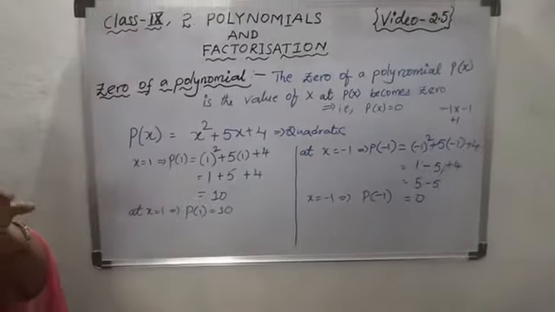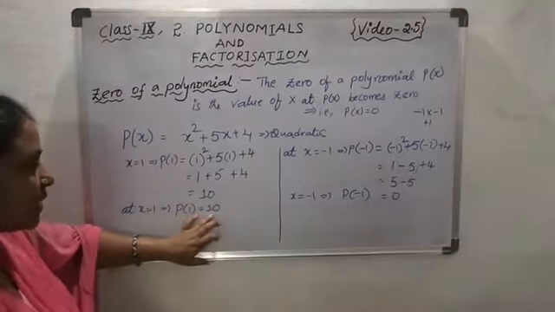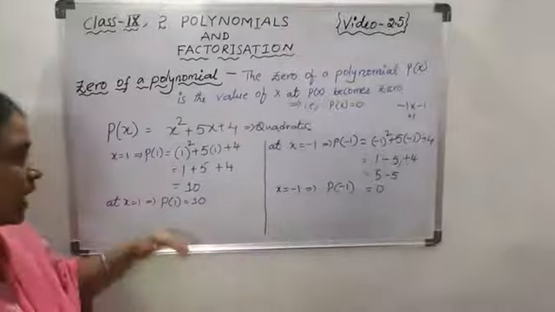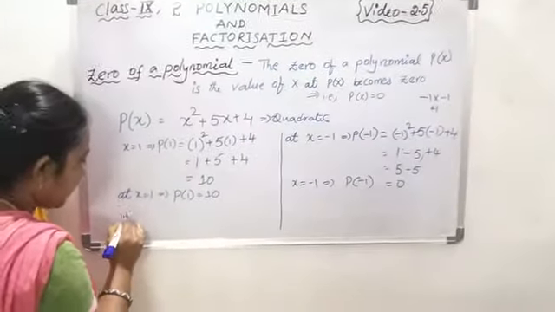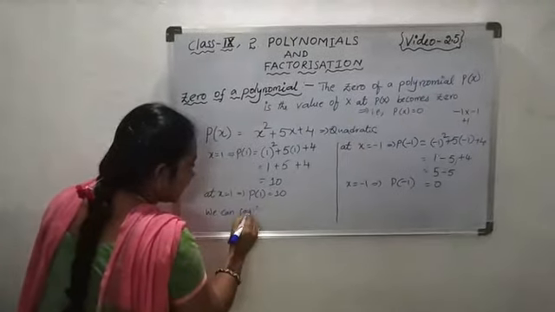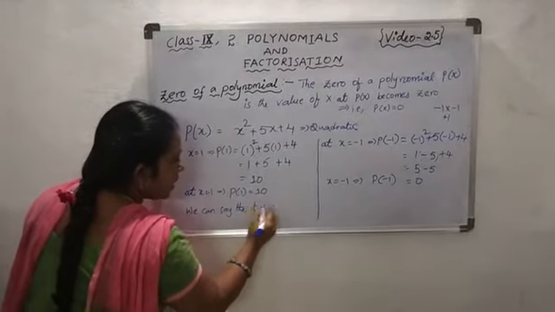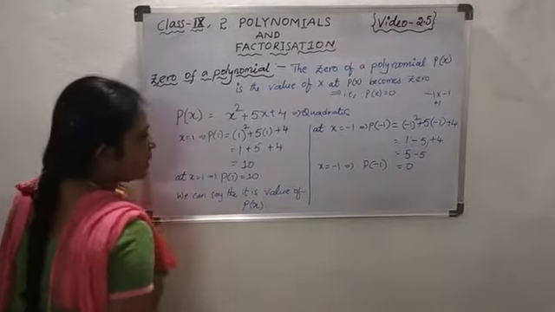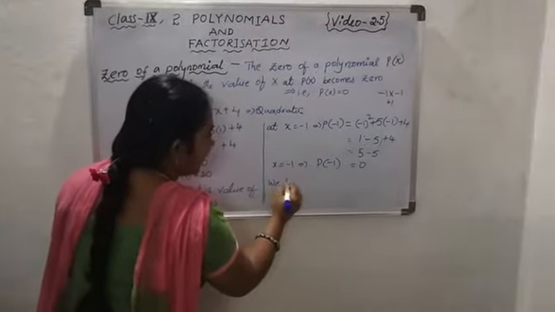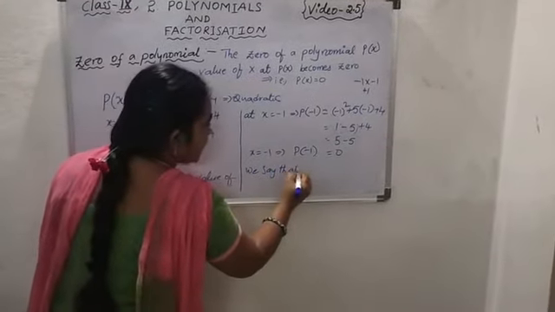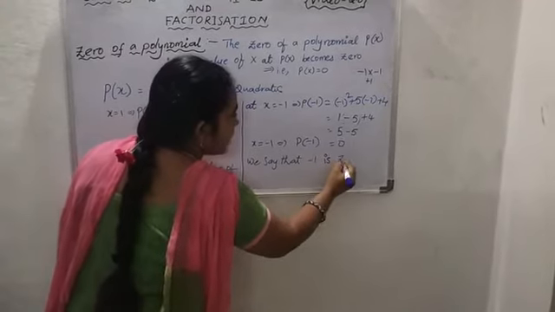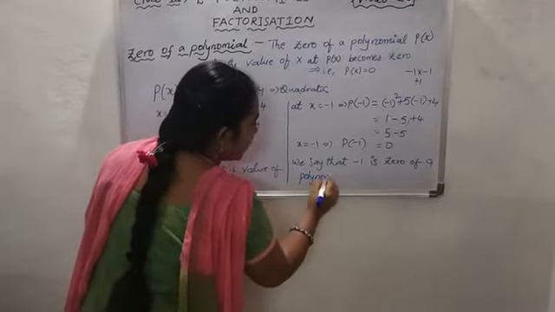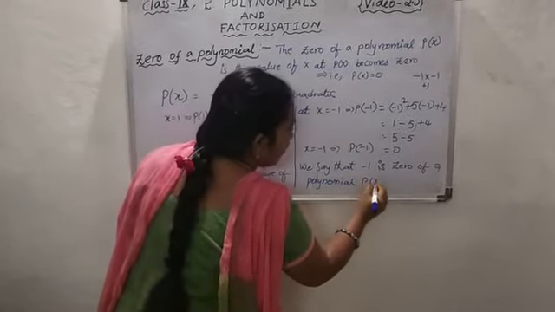Both are the same process. But observe that in the first case the value is not 0, but in this case we are getting the remainder 0. Here we can say that 1 is just a value of p of x, but minus 1 is a zero of the polynomial p of x.